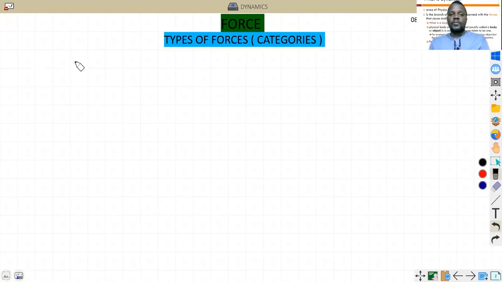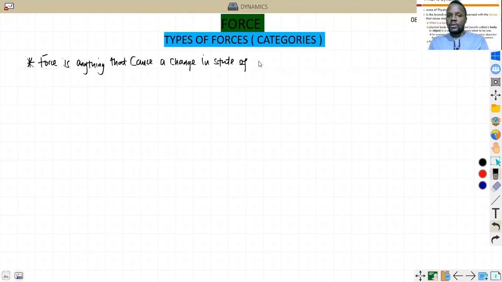So let's start with force, and let's define force. In early classes, we have defined force as a push or pull. So we can just write that force is defined. You can say force is anything that causes a change in state of motion.